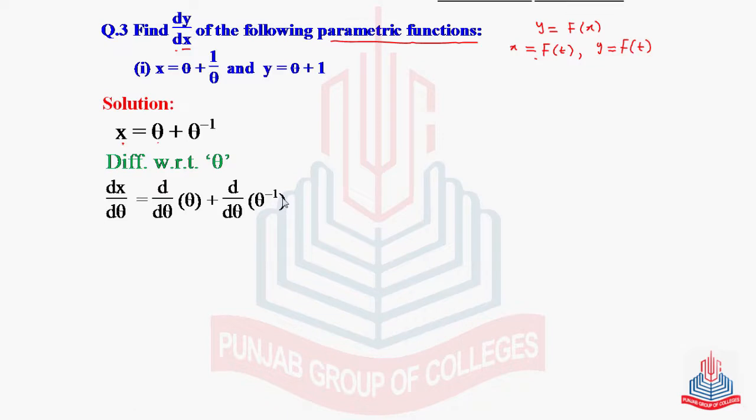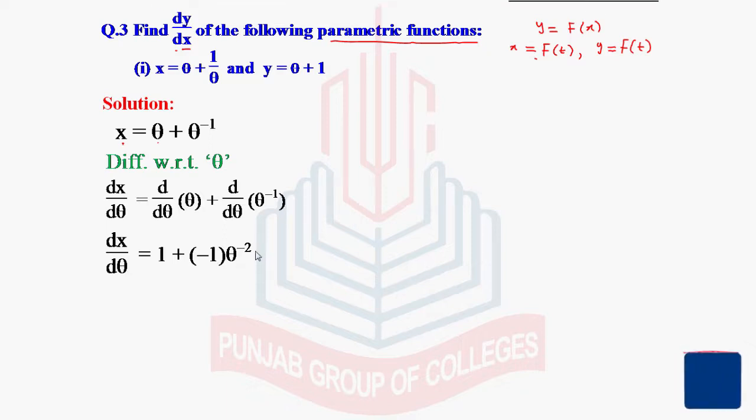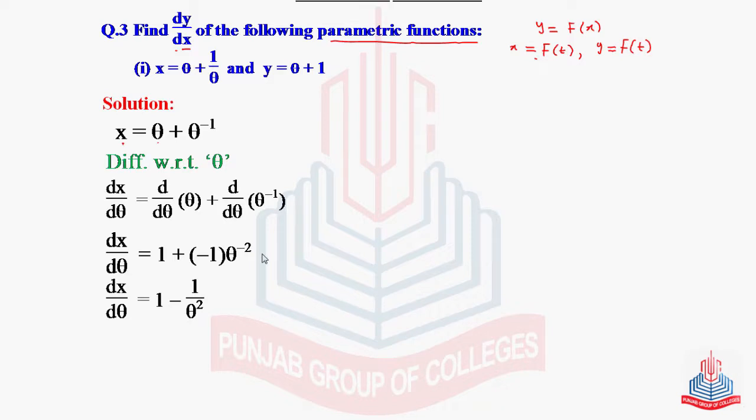By using our sum theorem, applying derivative on both of these two functions separately, now derivative of theta will become 1 and derivative of theta raised to the power minus 1 by using our power rule, that is actually minus 1 theta raised to the power minus 2. So that can be written as 1 minus 1 over theta square. By shifting it into the denominator, that will become a positive power. So now by taking LCM, that will become theta square minus 1 over theta square. So this is actually our dx by d theta.